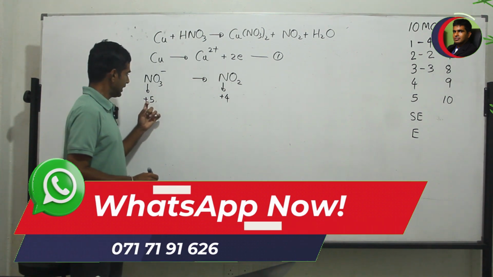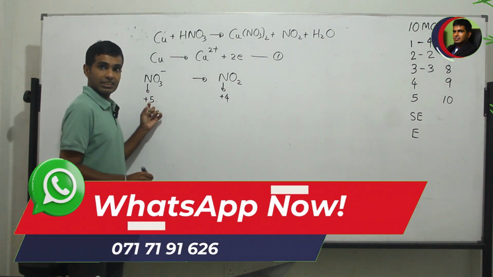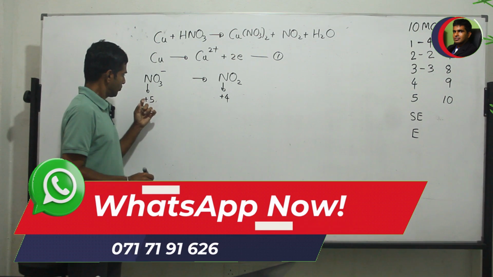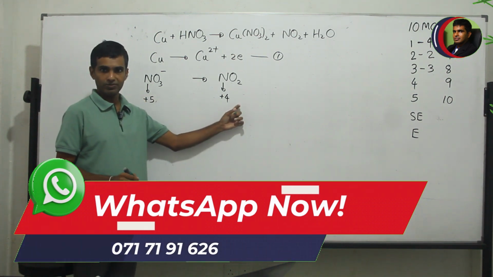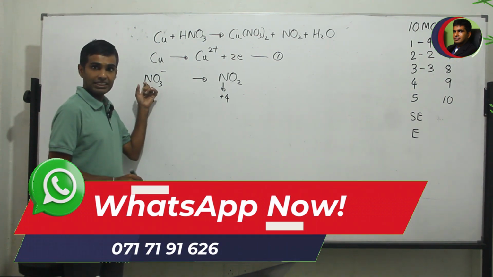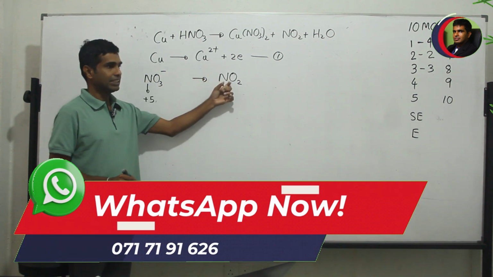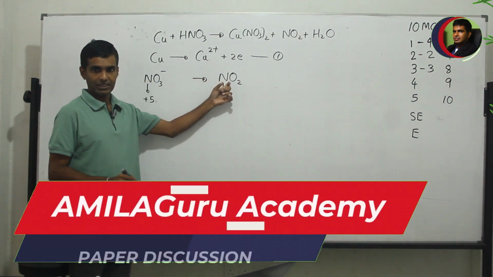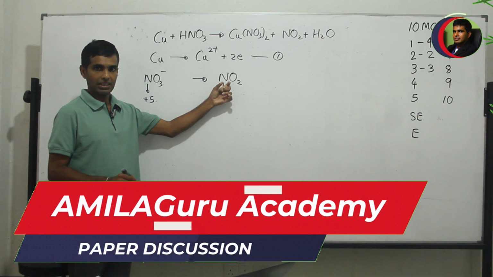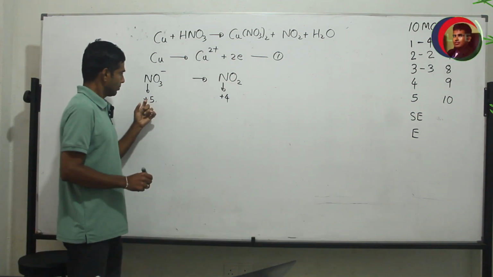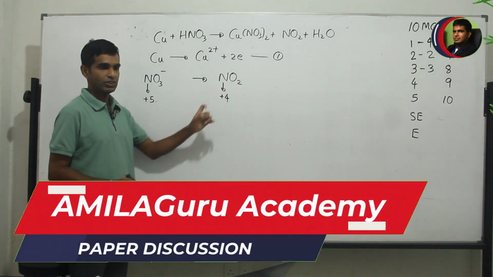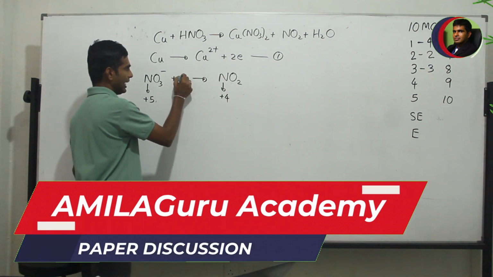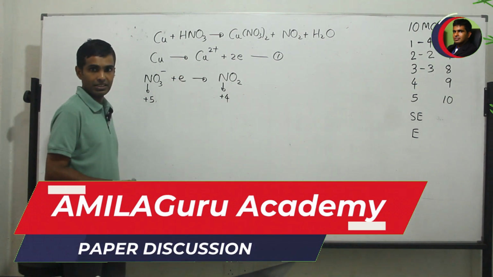Oxidation number of nitrogen atom has reduced from +5 to +4. There is one nitrogen atom in the reactant side, there is one nitrogen atom in the product side. So number of atoms are balanced. Then +5 to +4, which means one electron has gained by the nitrogen atom.